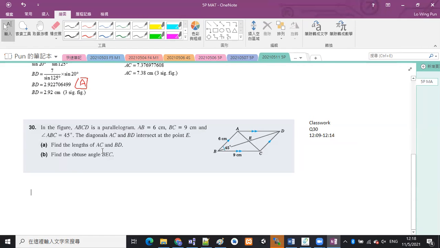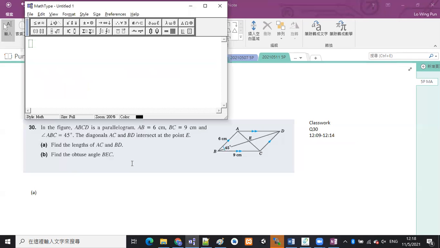Okay. Let us talk about the solution of part A. And I am going to write down what I think. Okay, so AC belongs to triangle ABC, right?